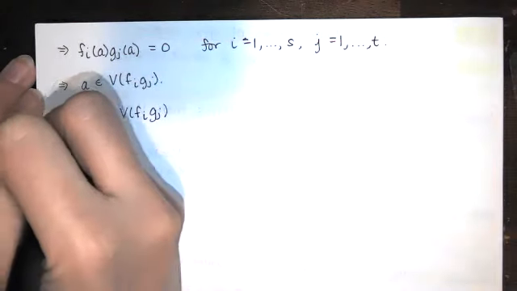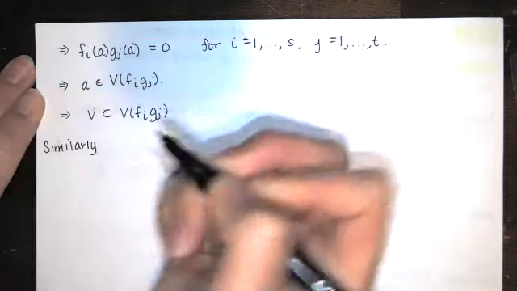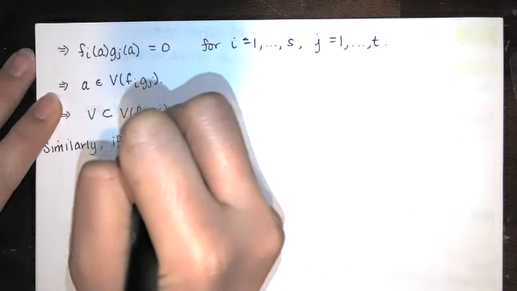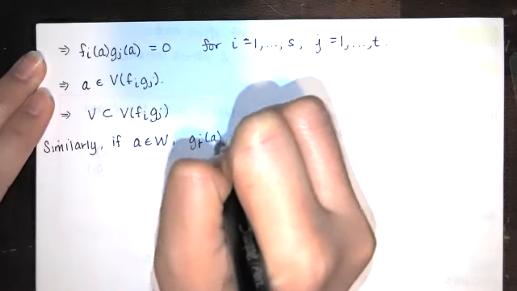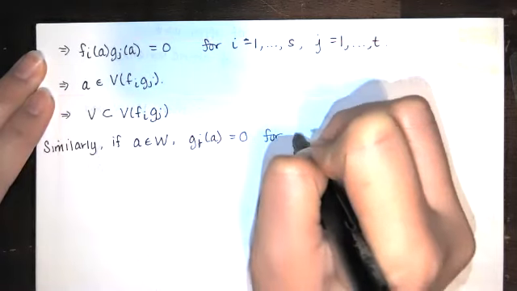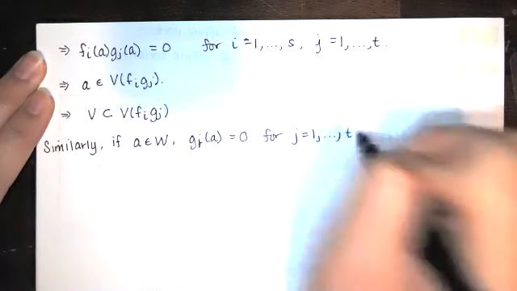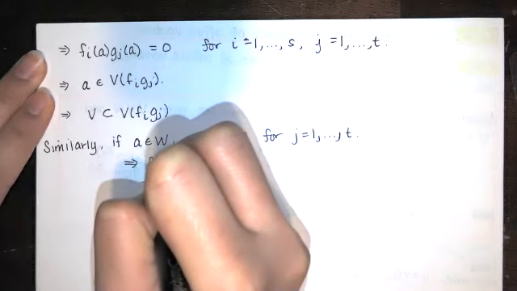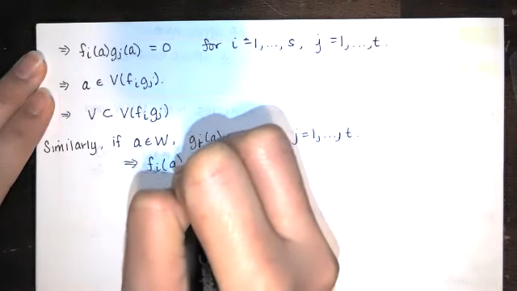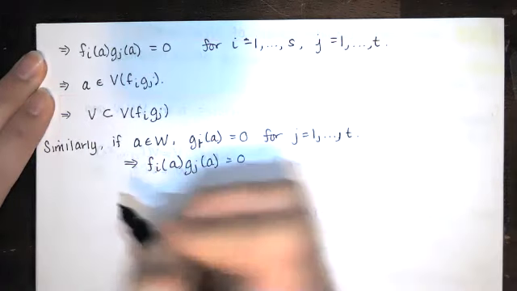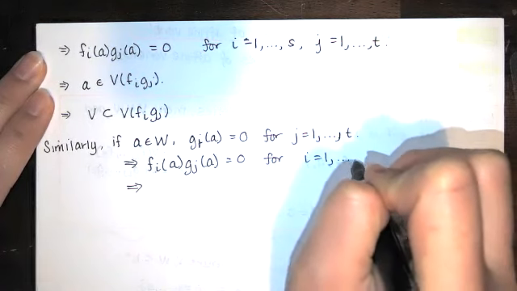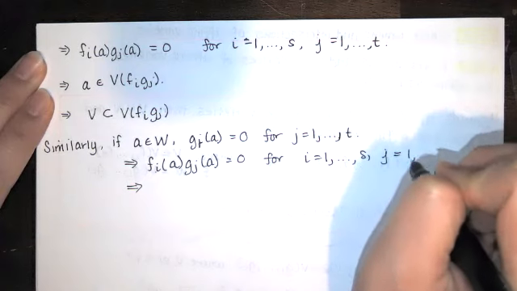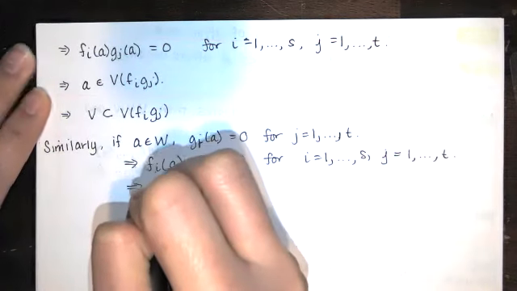Well, we could have just as easily assumed that a was an element of W. So if a is an element of W, then the g sub j of a are all going to be equal to 0 for j equals 1 through t, which means that the products will equal 0 for the appropriate restrictions on i and j.